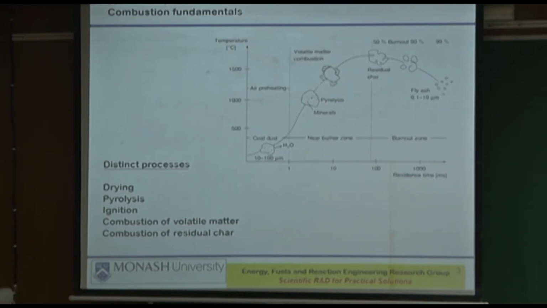Then, near the burner zone, so the burners are from the sides, near the burner zone, but inside the furnace, you then have the pyrolysis happening. So what's happening is that the dried coal particle is giving up its volatile, and how much volatile it will give depends on what temperature you are running it.